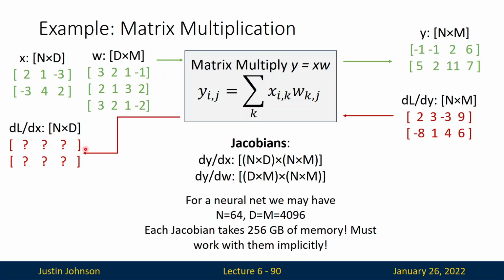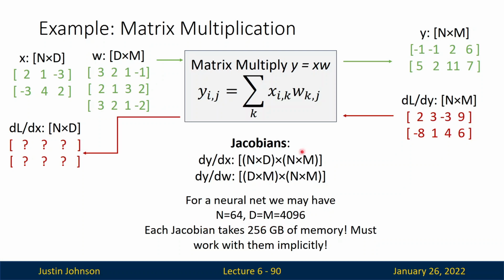According to the definition of the Jacobian, for dy/dx it will be n times d times n times n. Suppose you have a neural network where m equals 64, and d and n equal 4k.